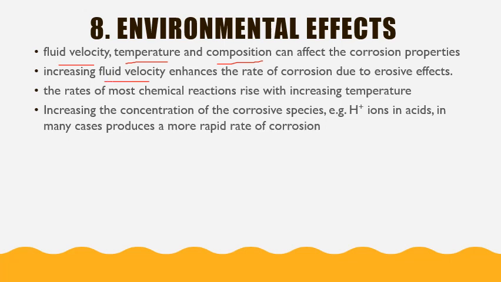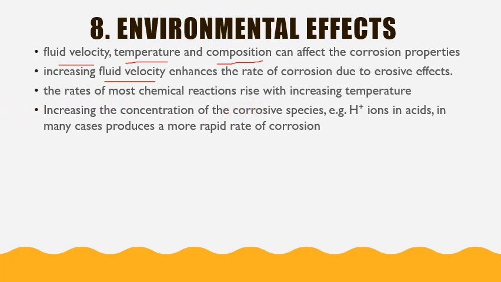Now first is fluid velocity. When we increase the fluid velocity, the rate of corrosion is also increased due to the erosive effect of high velocity fluid. For example, if you have an iron piece and water is flowing on its surface, it will be more easily corroded because the flowing water has kinetic energy and it will cause mechanical erosion of the metal along with the corrosion.